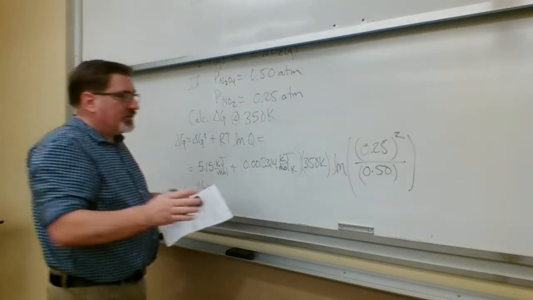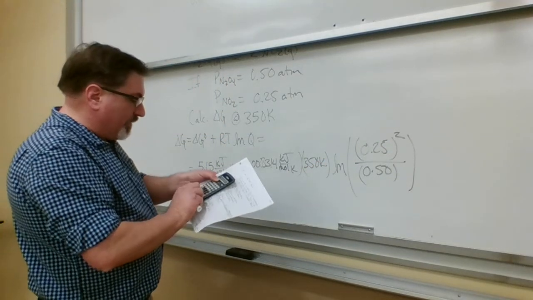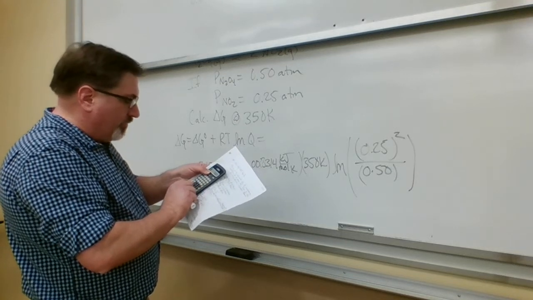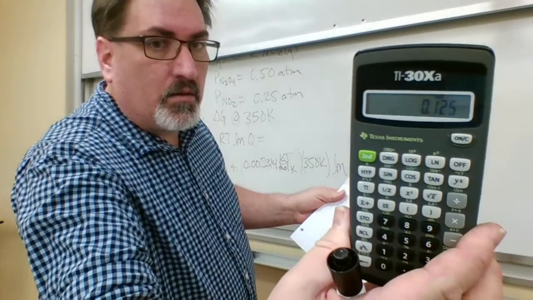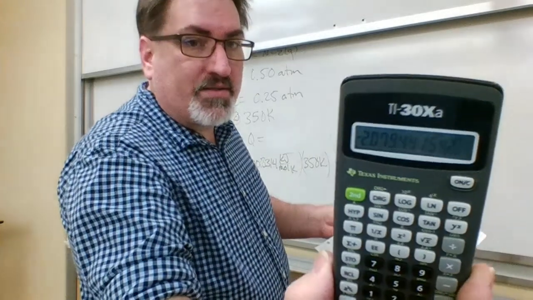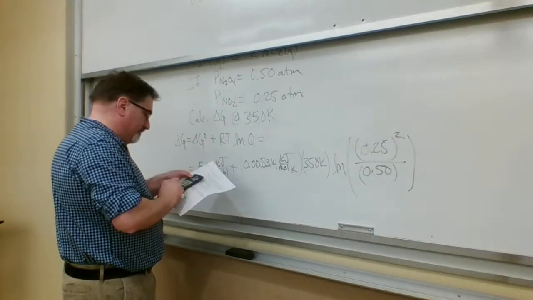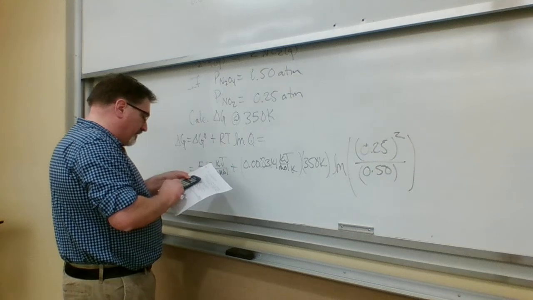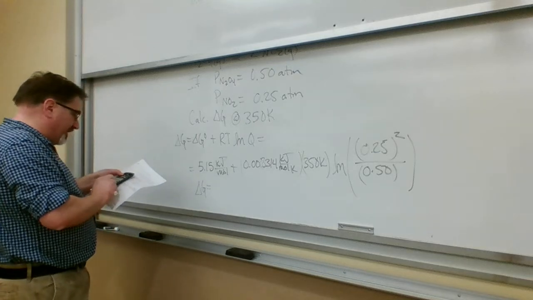Now when I work this, I'm going to work right to left on one of these calculators. I'm going to say 0.25 squared divided by 0.5 equals, I have 0.125 on my screen, and I need the natural log of that number, minus 2.079, times 350, times 0.008314, equals, plus 5.15.